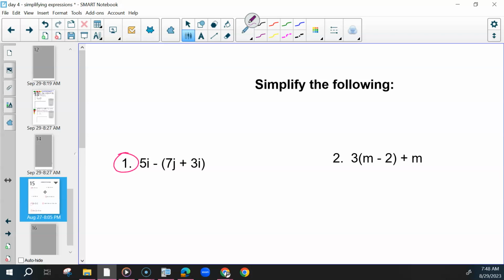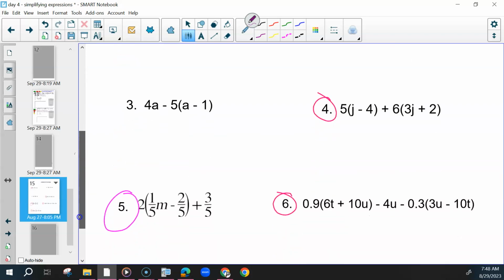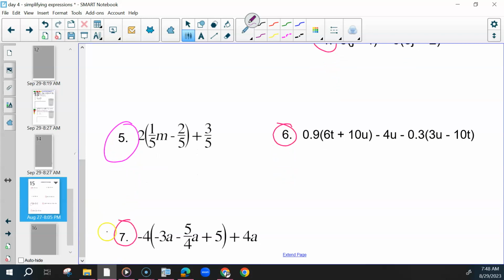Find any questions that look complex, that you're not sure where to start. You want to go over any of them. Number 7. Okay. That means we're not going to do number 5.